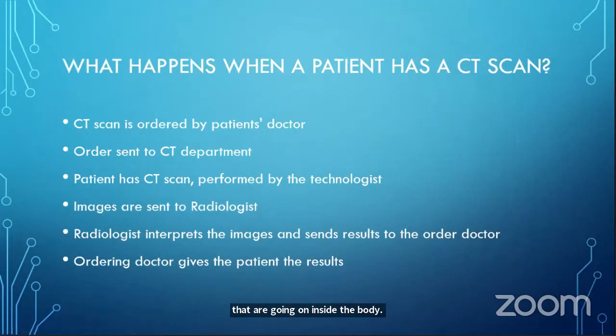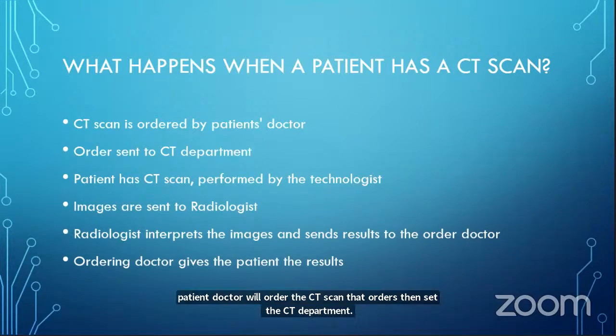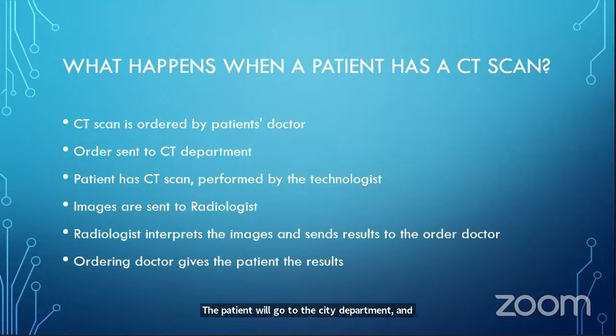So what happens when a patient has a CT scan? The patient goes into their doctor's office or they go into the emergency room and they have some sort of complaint. The patient's doctor will order the CT scan. That order is then sent to the CT department. The patient will go to the CT department and have the CT scan performed by the technologist.